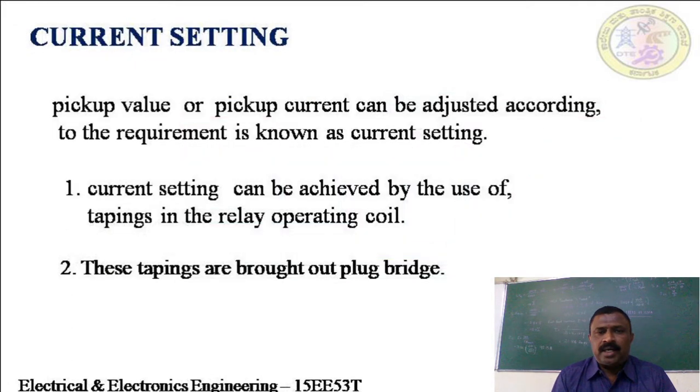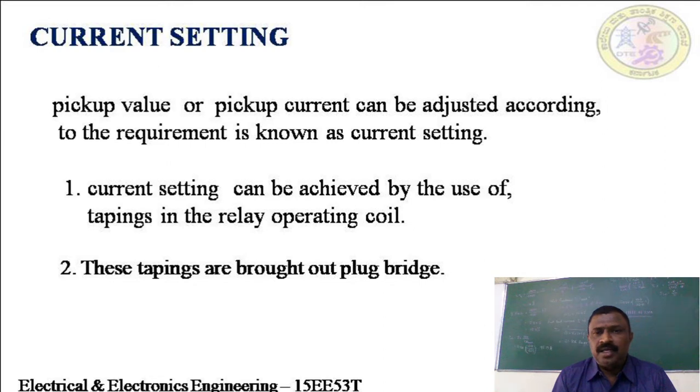When it comes to the current setting, the pickup value or pickup current can be adjusted according to the requirement, and this is known as current setting. We cannot have a fixed pickup current or fixed pickup value. So in order to alter the value of pickup current, we have a current setting.